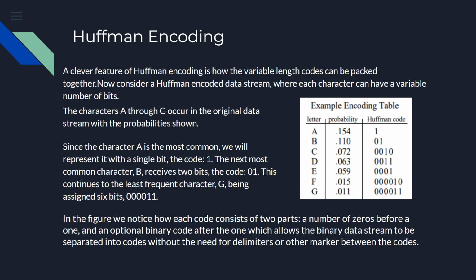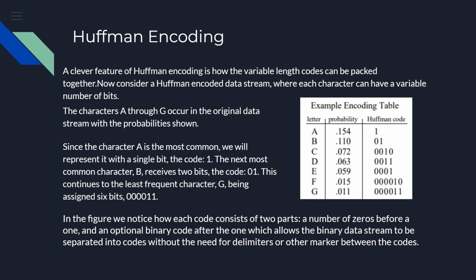Now we'll be looking at an example. The table shows a simplified Huffman encoding scheme. The characters A through G occur in the original data stream with the probabilities shown. A is the most probable character, and as we go down the table, the probability decreases.